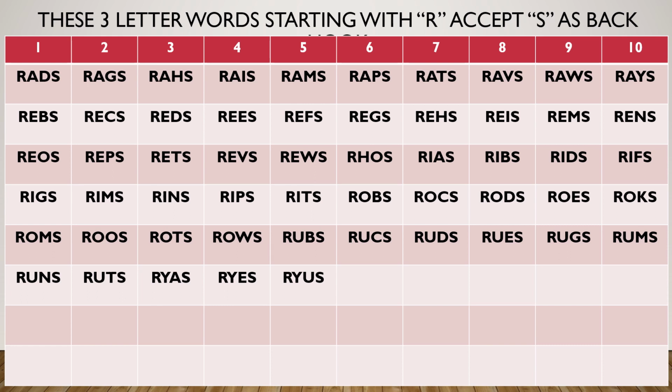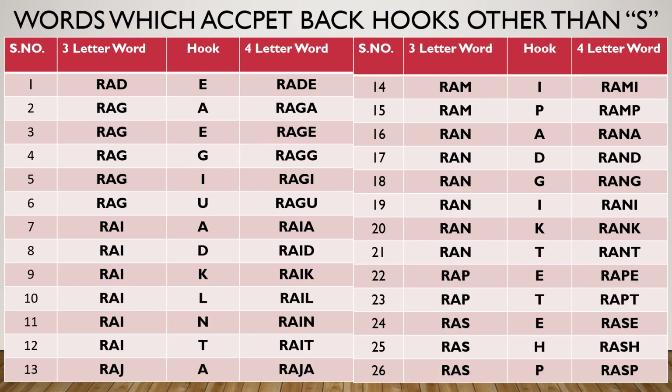These do accept S as a back hook, forming four-letter words. And now these are back hooks. RAD accepts E, making RADE, and RAG accepts A, E, G, I, and U, making RAGA, RAGE, RAGG, RAGI, and RAGU.